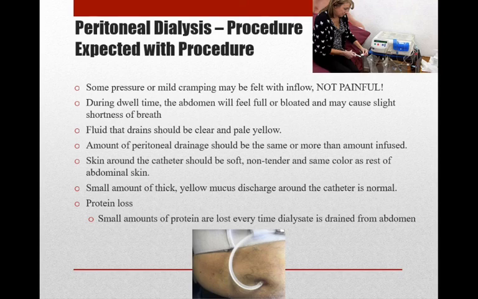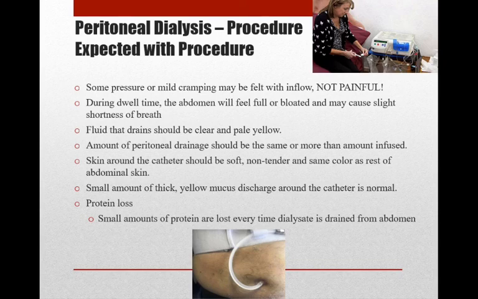So if you put 2 liters of dialysate into your abdomen, when it pulls fluids and wastes out, you're probably going to get more than what you put in. That's expected and that's good. We don't want less coming out than we put in. That means the dialysate disappeared somewhere. We should be getting all the dialysate plus some extra fluid coming out of the abdomen.